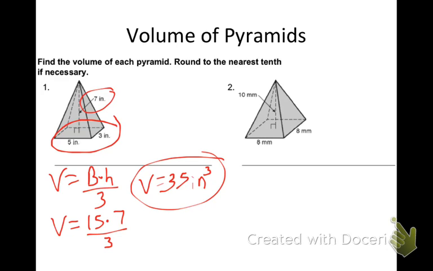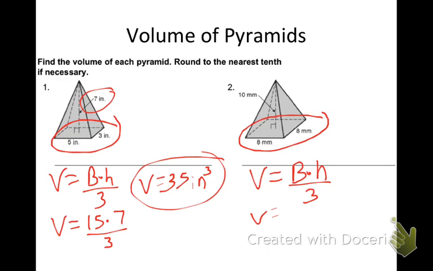Same thing on number 2 here. Volume is the area of the base times the height divided by 3. What's the area of my base here, Gabe? Area of the base, 64. Times, what's the height, Frost? And I divide that by 3.